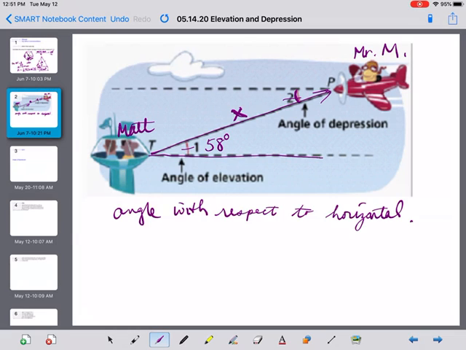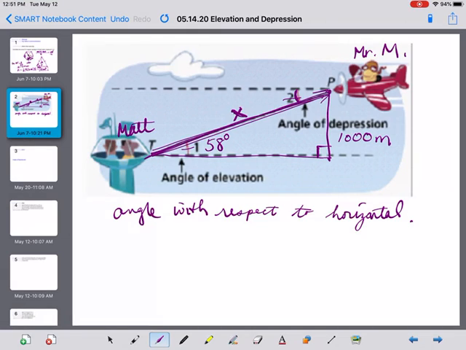We also know, based on some measurement from the airplane, that I'm flying at a height of 1,000 meters. Let's find the straight line distance between the two of us.